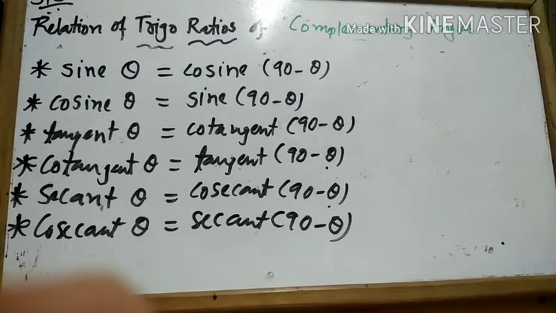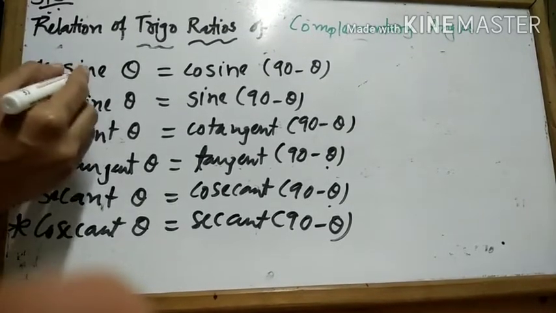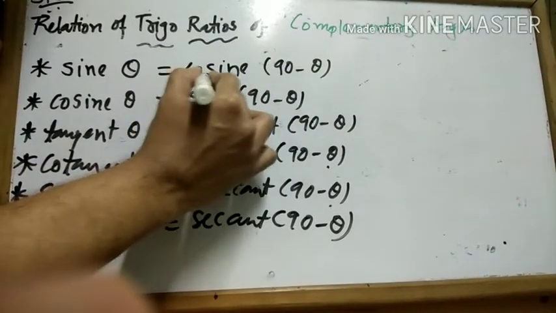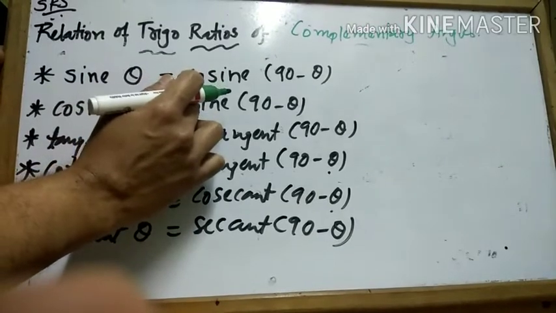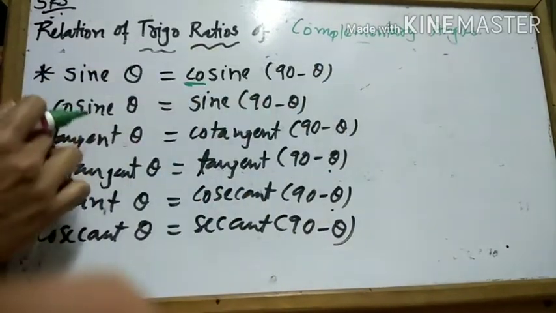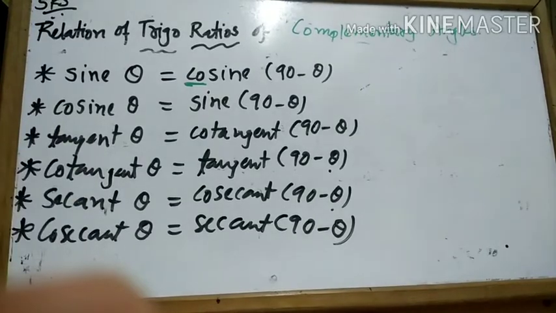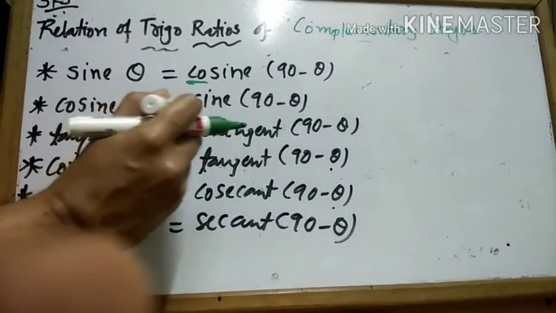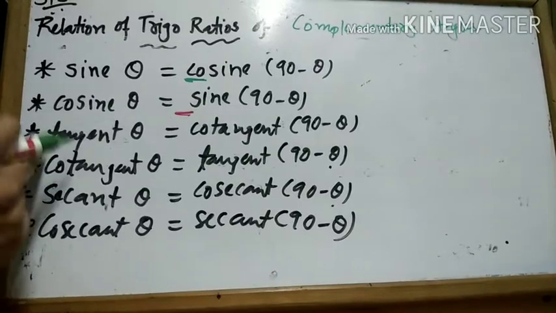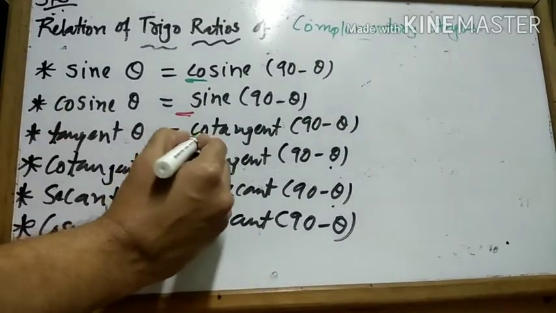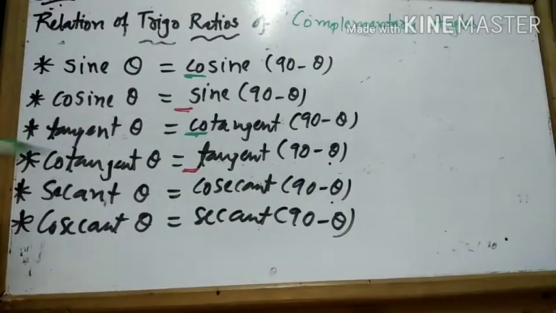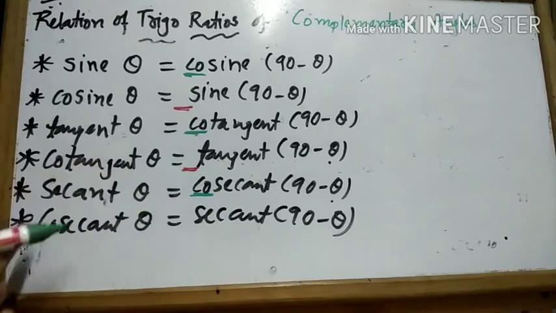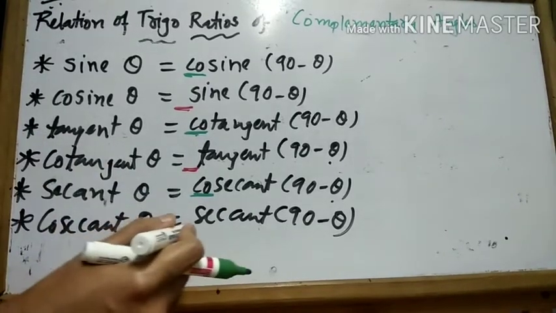And my dear friends, see what I am explaining: sin theta is cosine 90 minus theta. So for the complementary angle of sin theta, you have to add CO, giving cosine. Cosine has CO. Going forward, here I am removing CO. For tangent I have added CO to get cotangent. Here for cotangent I have removed CO. Here for secant I have added CO. Here for cosecant I have removed CO.